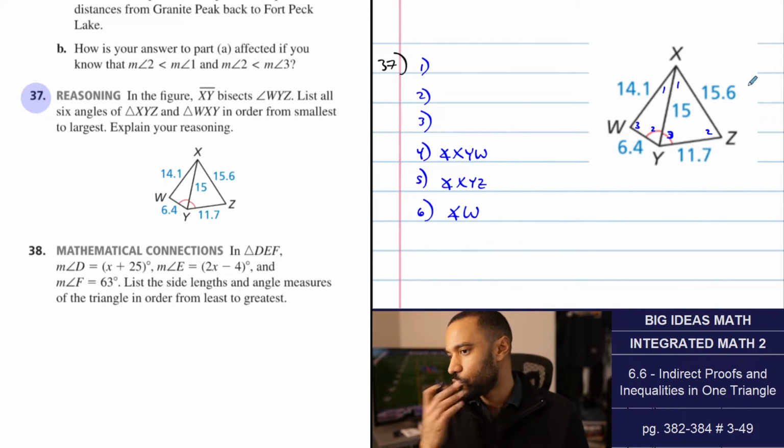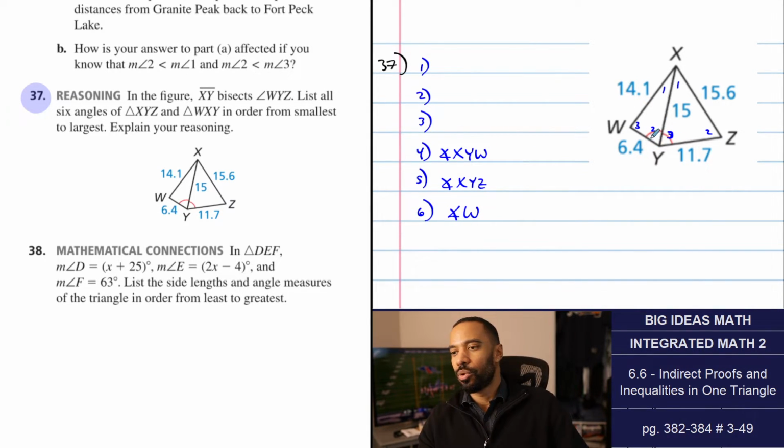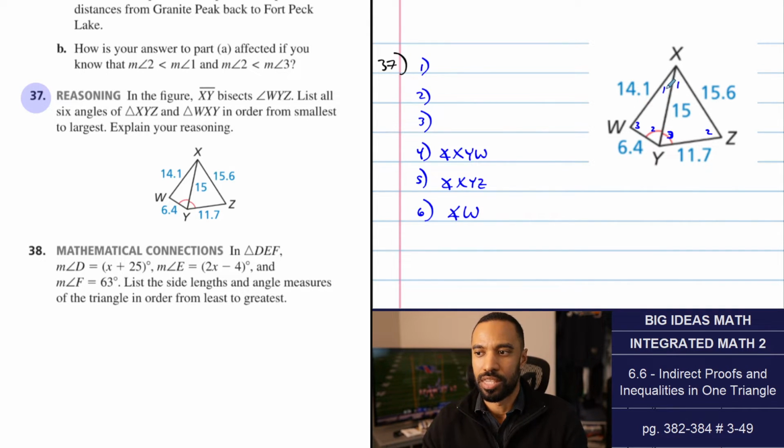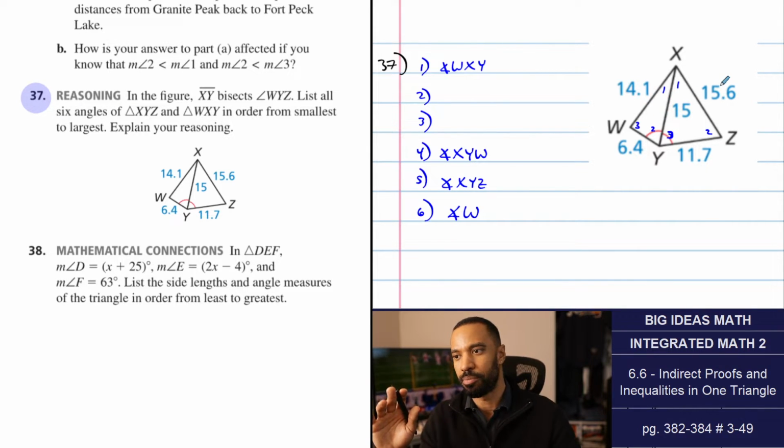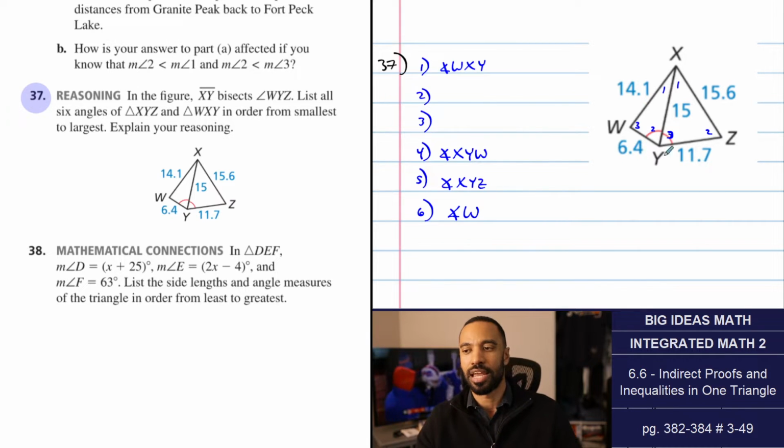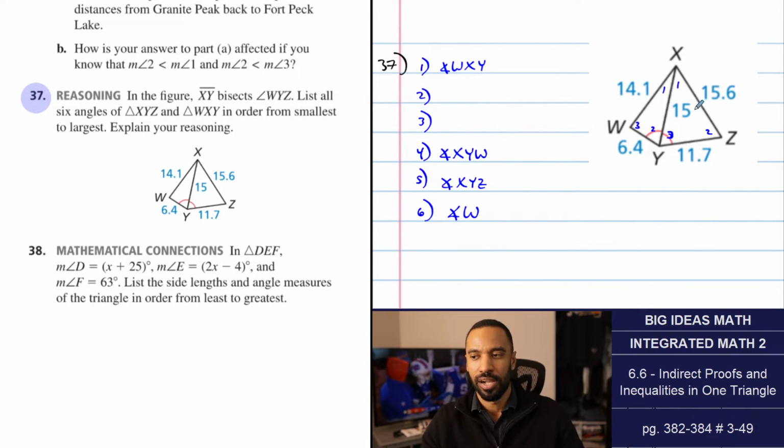Now, in the next ones here, the one that I'd say is the smallest is this one right here, angle WXY. The reason for this one is because even though these are both ones, it's not just that 6.4 is less than 11.7, but it's comparatively less than its other two sides, not even just by proportion, but in how 11.7 compares to 15 and 15.6 there, which tells me that one's absolutely the shortest.